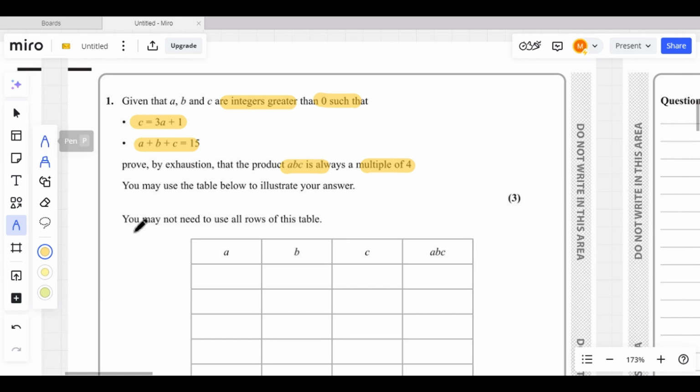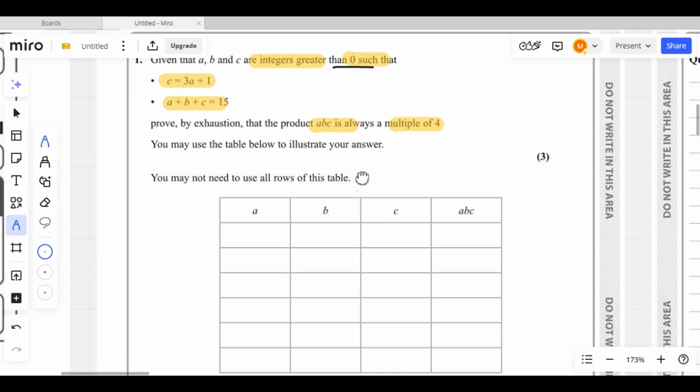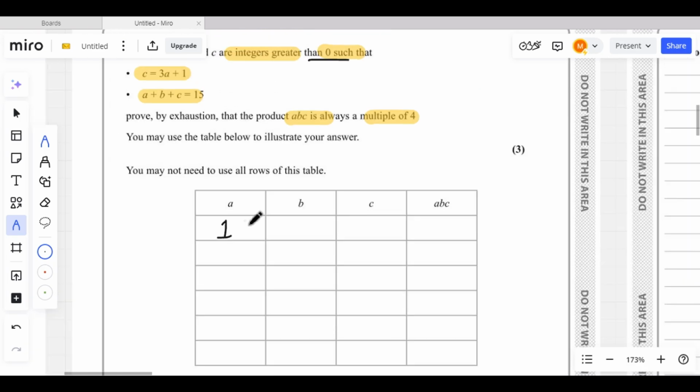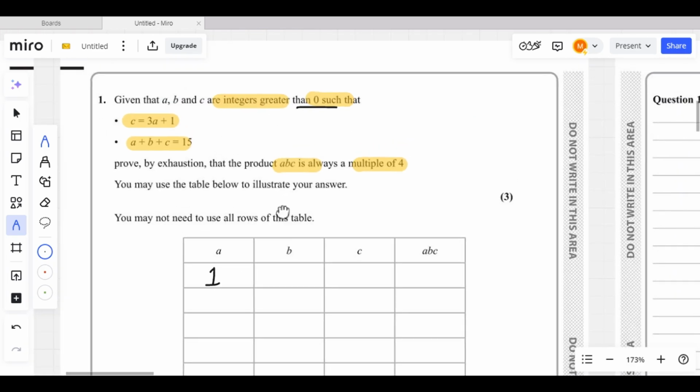Okay. So first, they said what? The integers should be greater than 0. So in that case, we can take 1 at first. The value for A is 1. After taking A equals 1, what would be the value for C? 3 times 1 is 4. The value for C is 4. Now plug the values of A and C into the second equation.